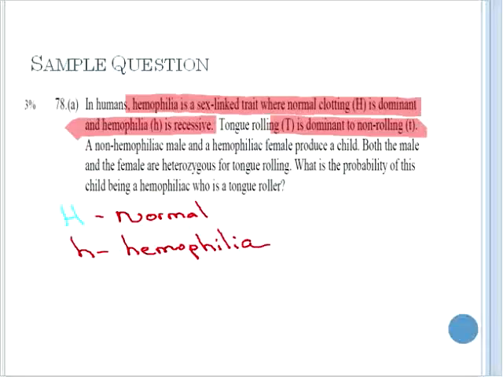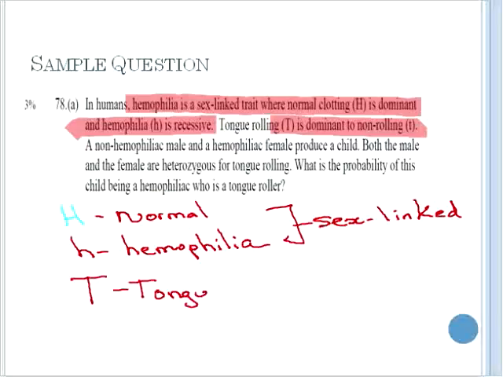Tongue rolling, big T, is dominant over non-tongue rolling, little t.